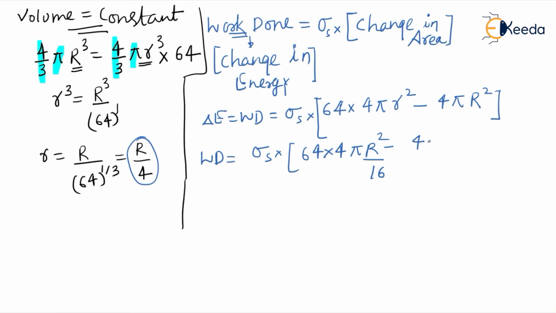Now this 16 can be cancelled with the 64, leaving 4 into 4, which is 16 pi R square, minus 4 pi R square. That value is 12 pi R square. So the work done must be equal to sigma s into 12 into pi into R square. So we just need to calculate this value.